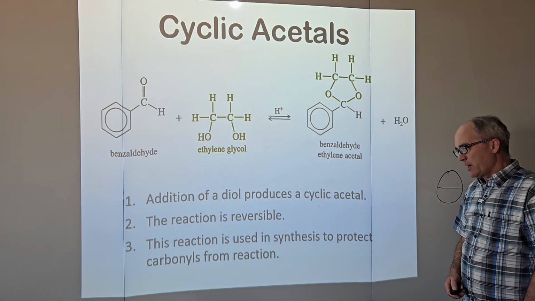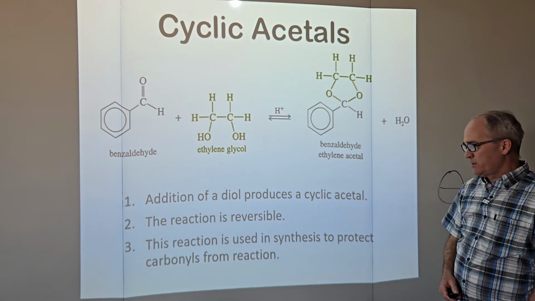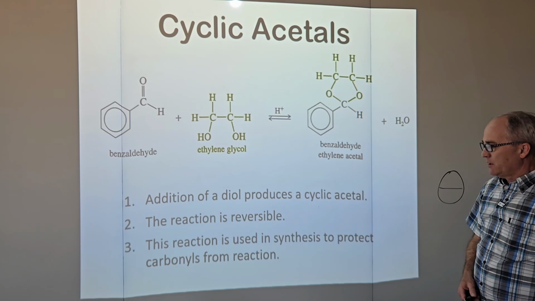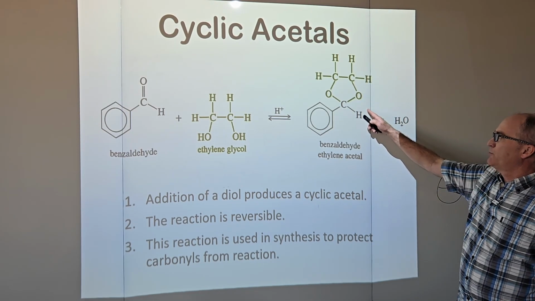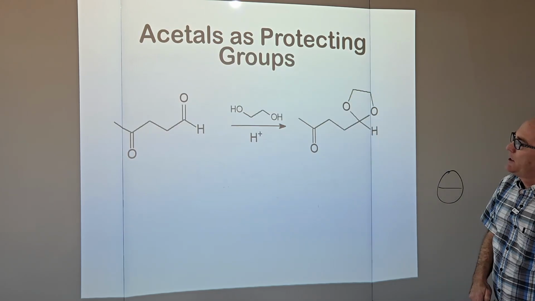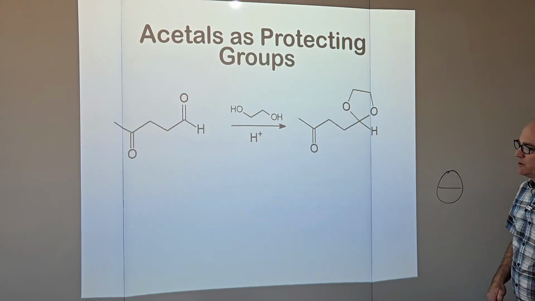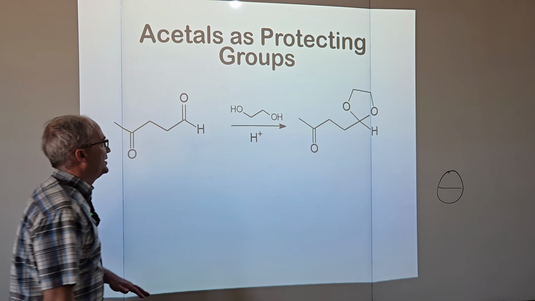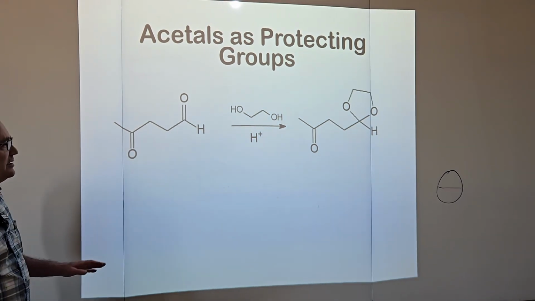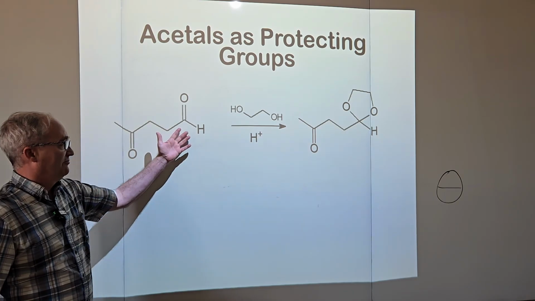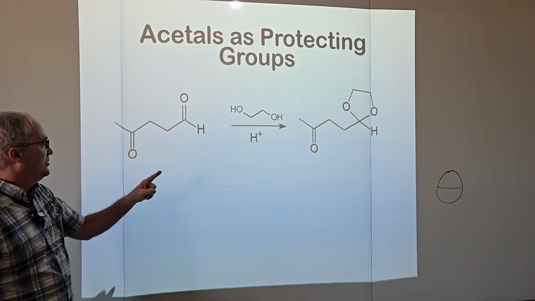It says this reaction is used in synthesis to protect carbonyls from reaction. We call this a protecting group. Acetals as protecting groups. So here's a ketone, here's an aldehyde, and it's easier to form an acetal on the ketone.